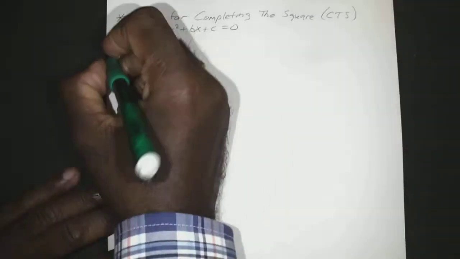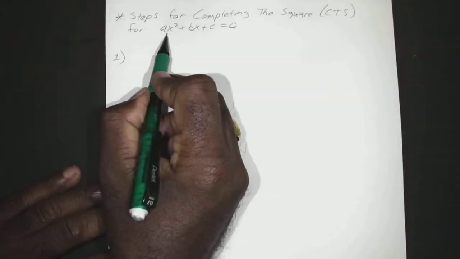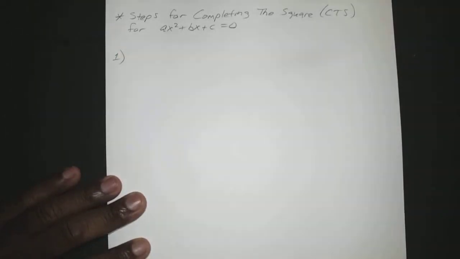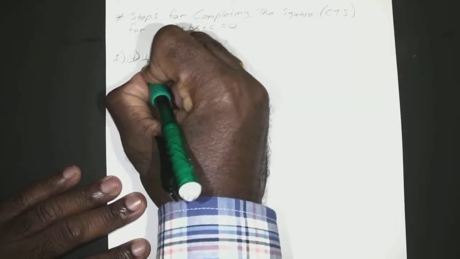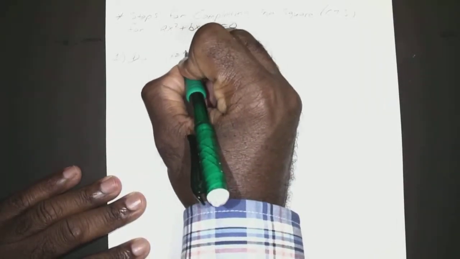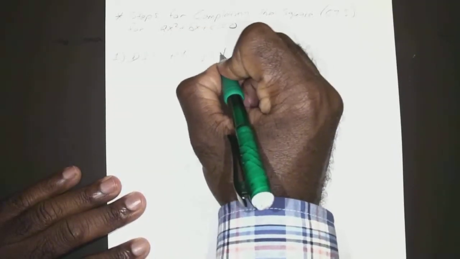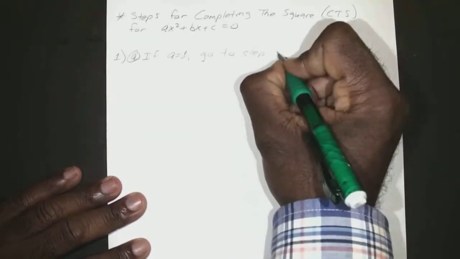Okay, for step 1, if your a is equal to 1, you just go right to step 2. If a is equal to 1, go to step 2.